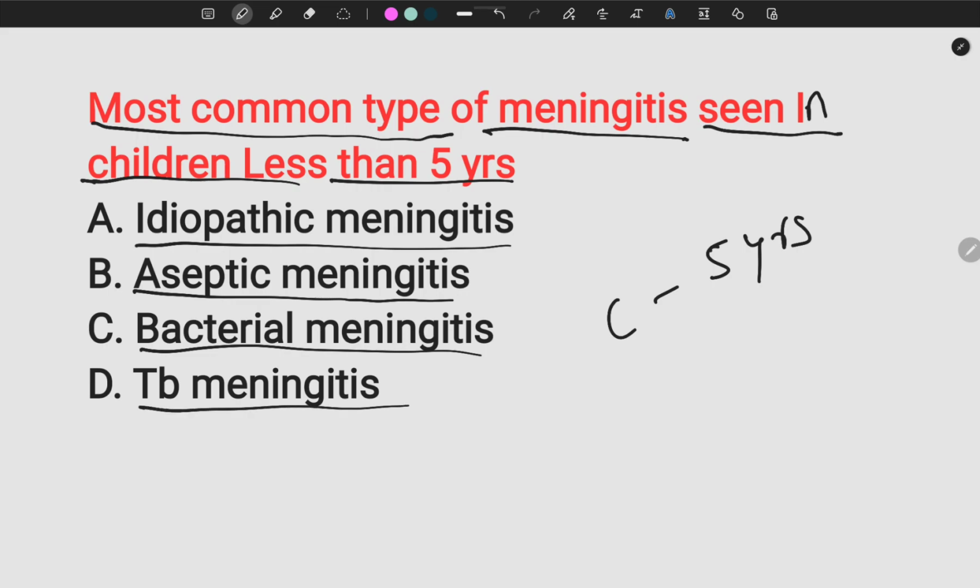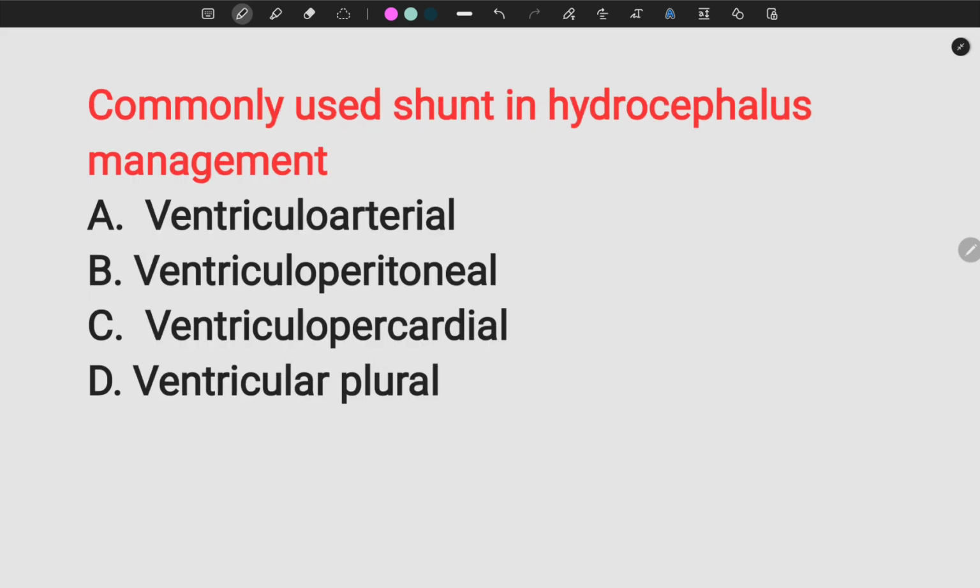Which one is the right answer? Most commonly children are at high risk for bacterial infection, so we can go for option C, bacterial meningitis. It is the most common type of meningitis seen in children. Option C is the right answer.